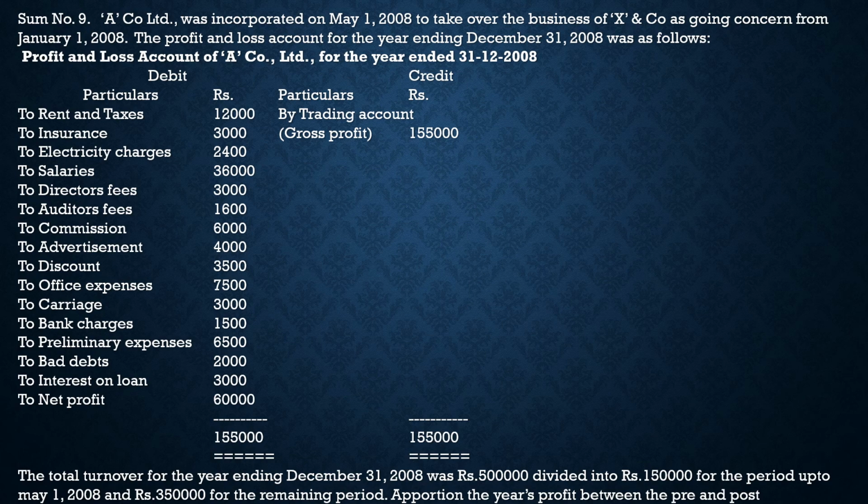For these sums, what will be the first step? You already know, you have done so many sums. The first step will be to find your time ratio. So what are the requirements for time ratio? There are 3 dates required. The first date, the second date, that is the incorporation date, and the third date is the closing of the accounting year date.